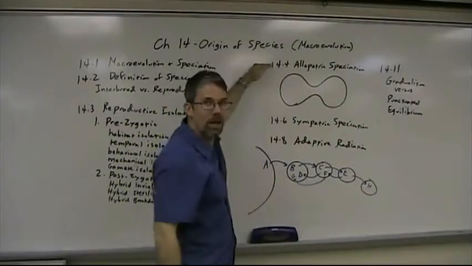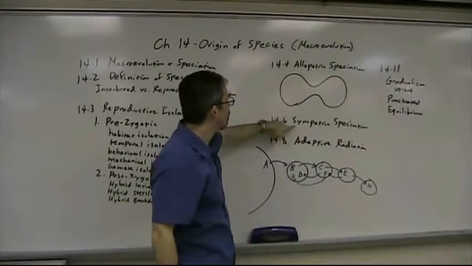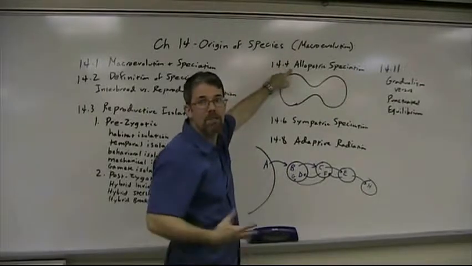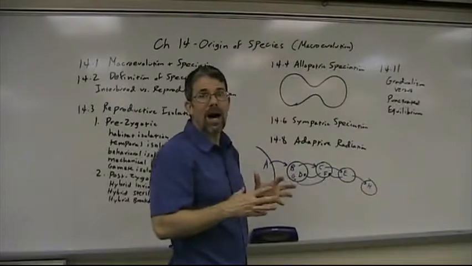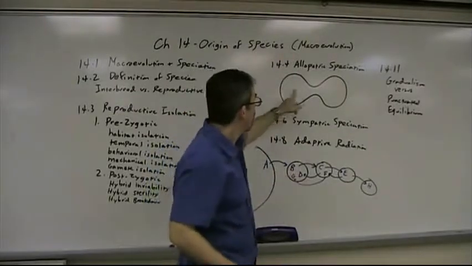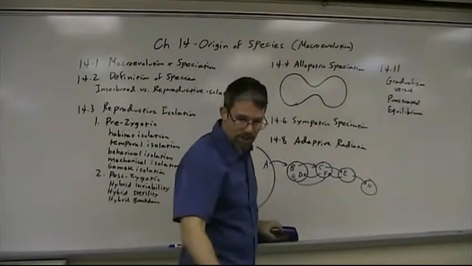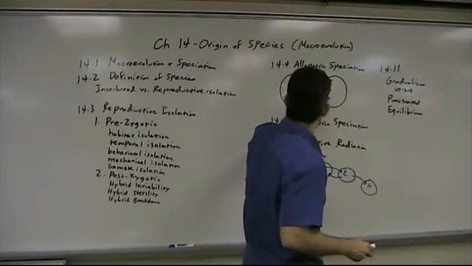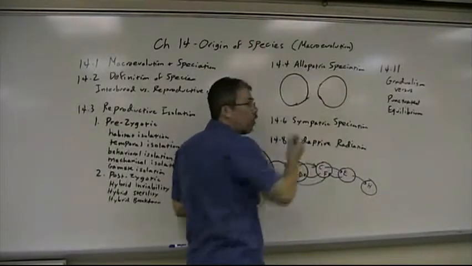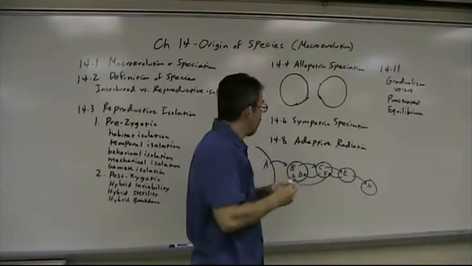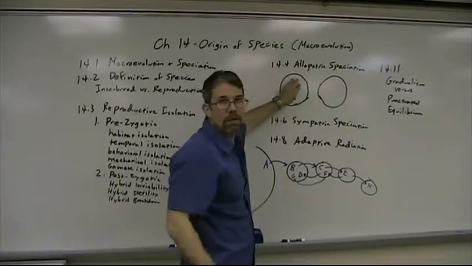The 2 primary ways that are discussed are allopatric and sympatric. The word allopatric means different place. This is when populations are separated by a geographic barrier. Now, suppose we had a population here that suddenly became isolated by a geographic barrier, and that they don't go from one population to the next anymore. Now, what can happen in this one?